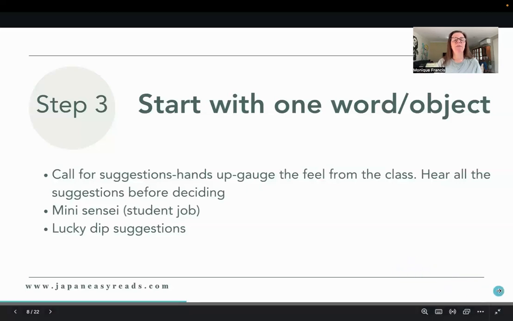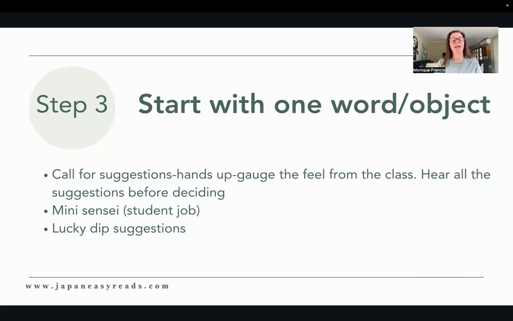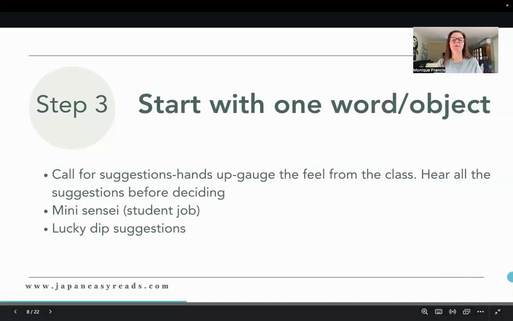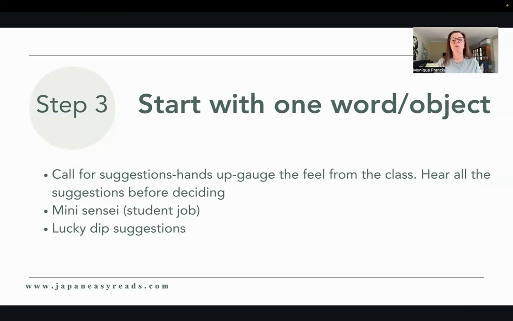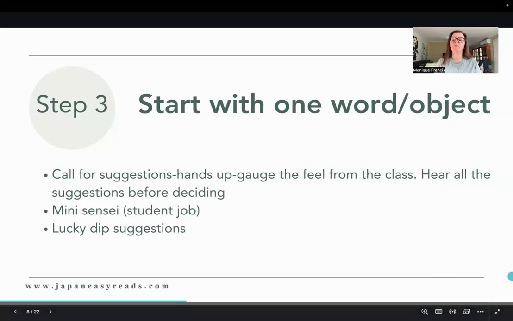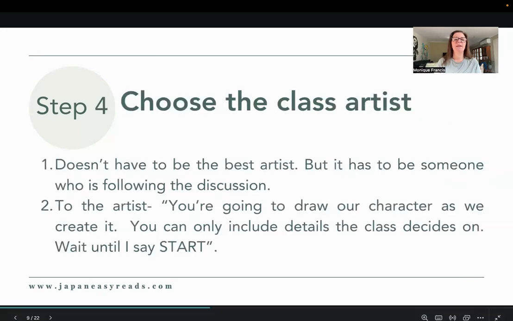If you have a mini sensei, that could be one of the students' jobs, is to listen, maybe do a vote and then make that decision. Or you could do a lucky dip suggestion and say, okay, everybody choose one object or one thing that you'd like to create, and then we can lucky dip that one.